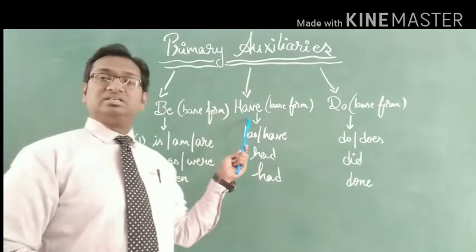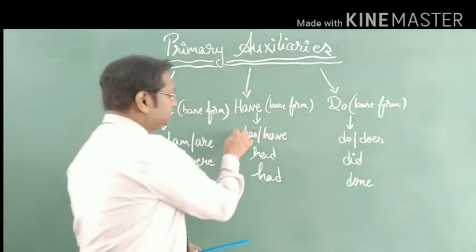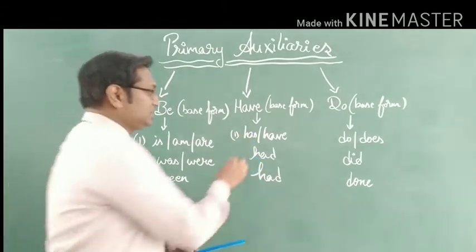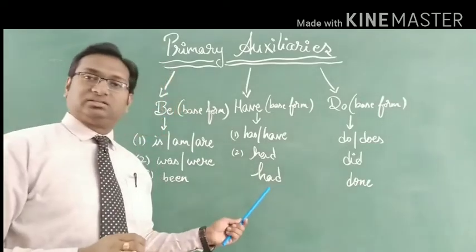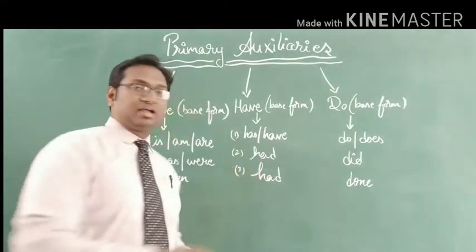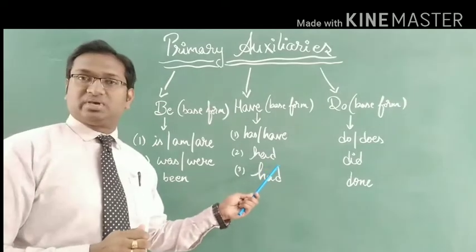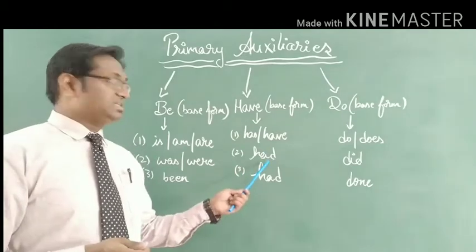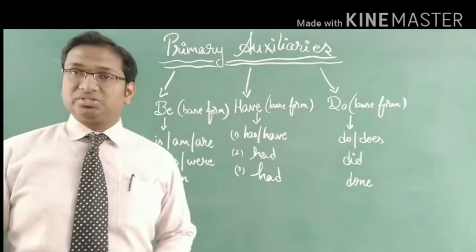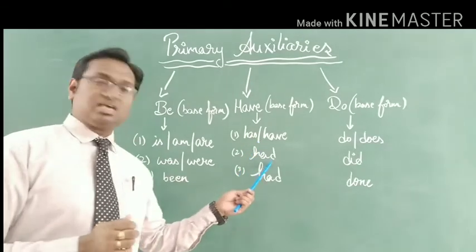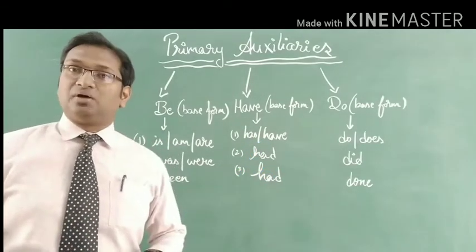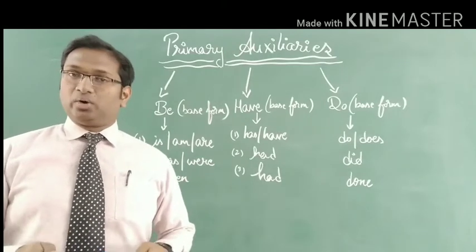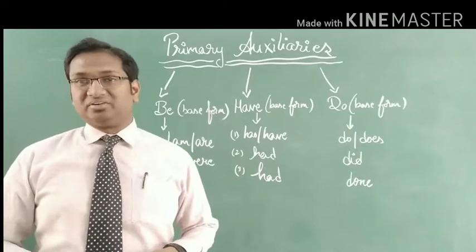Next base form is have. First is has, have. Second is had and third is had. Now there is a difference between the second form and the third form. In the second form we do not use any main verb because this had is going to play the role of main verb, like he had a car. Now over here had is your main verb.